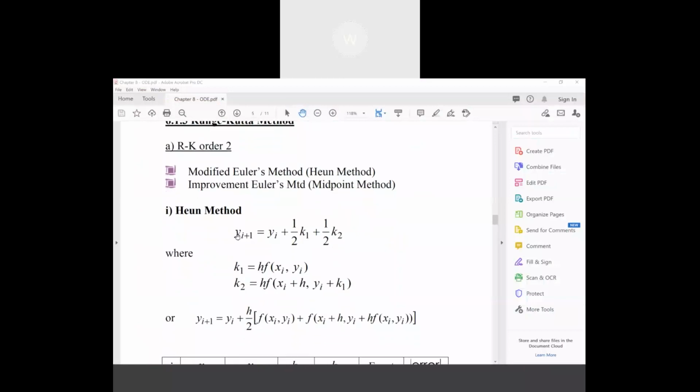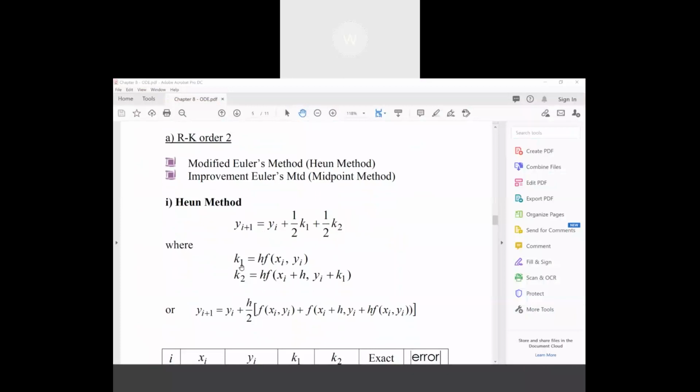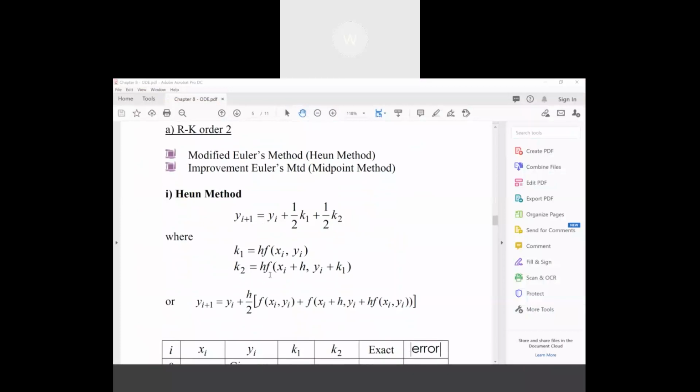So y(i+1), same. For RK order 2 we have Heun and midpoint. So Heun method is y(i+1) equal to yi plus 1 over 2 k1 plus 1 over 2 k2, where k1 equal to h f(x, y) and k2 equal to h f(x plus h, y plus k1).